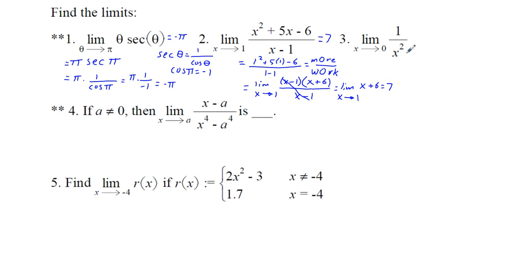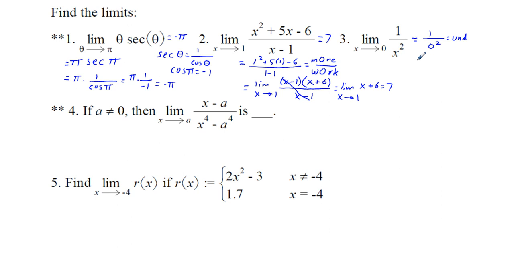Next, problem 3. We're going to try direct substitution again. When we substitute directly, we have 1 in the numerator. In the denominator, we have 0 squared. Now, in this case, we do not have 0 over 0. We have 1 divided by 0, which is going to be undefined.